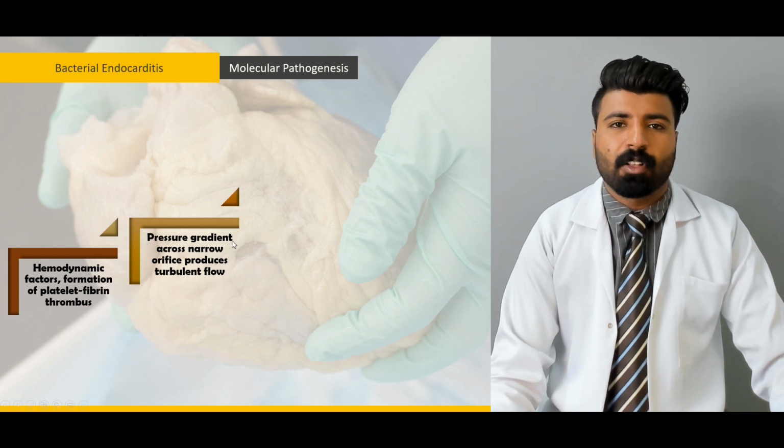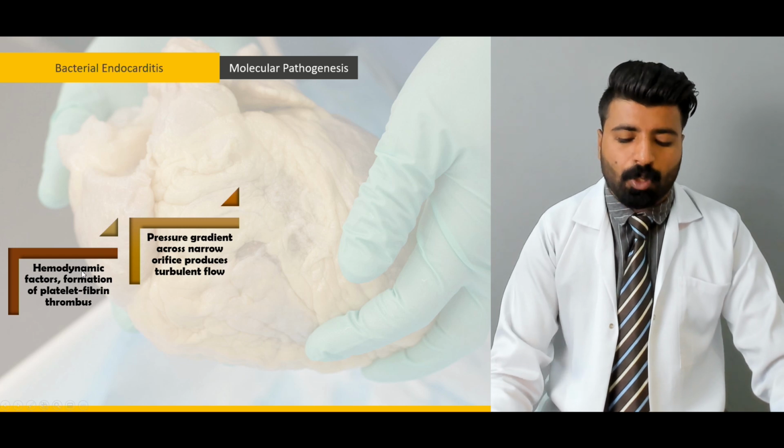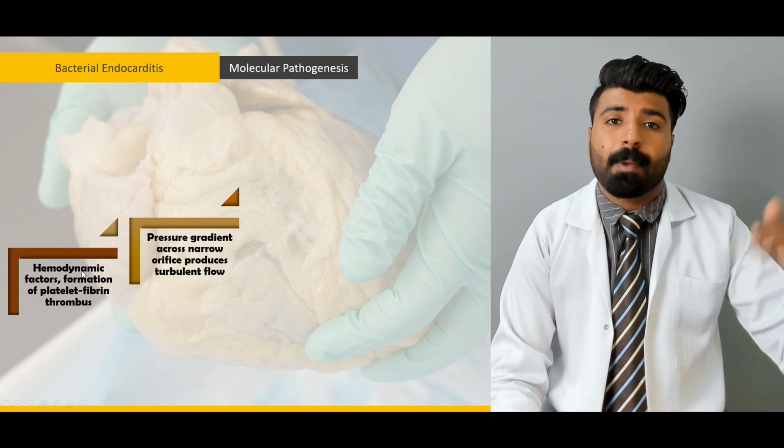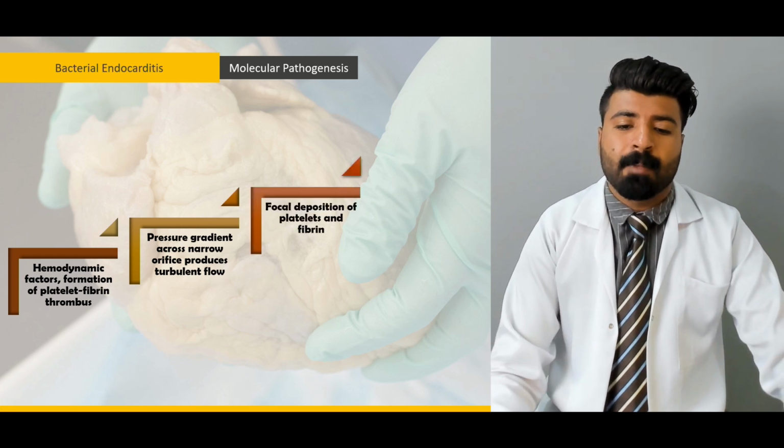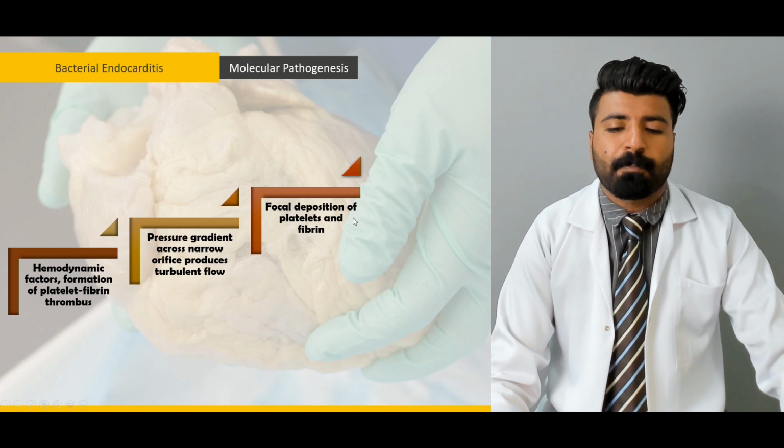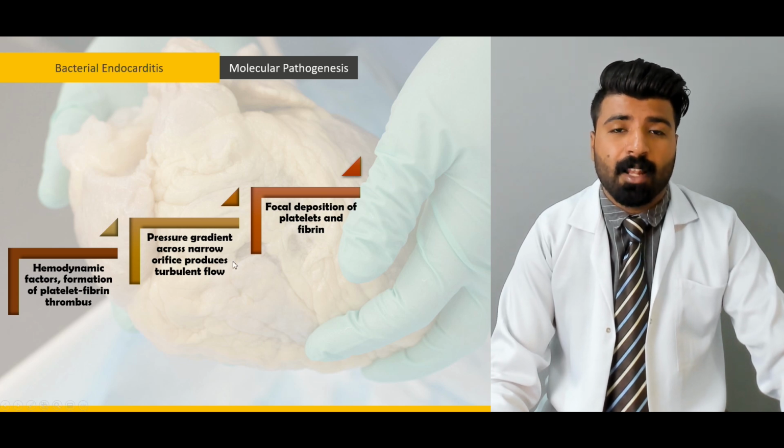The pressure gradient will go up or down according to the pathology. Here the pressure gradient is going up and up. And then the focal deposition of platelets and fibrin will come in, attaching to the place which has the most turbulent flow.